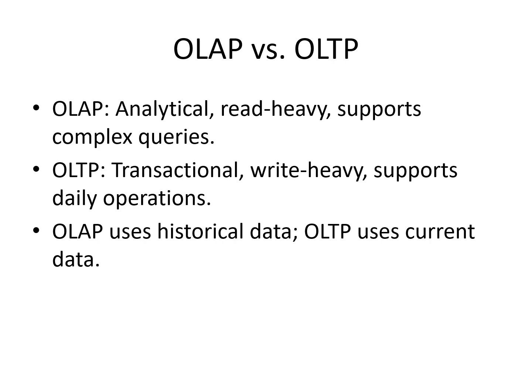OLAP uses historical data. OLTP uses current data. So OLAP is your data warehouse, or your data lake. And OLTP is your current production database, where all your day's data transactions are written to.